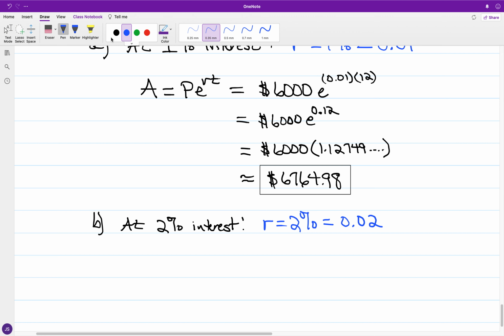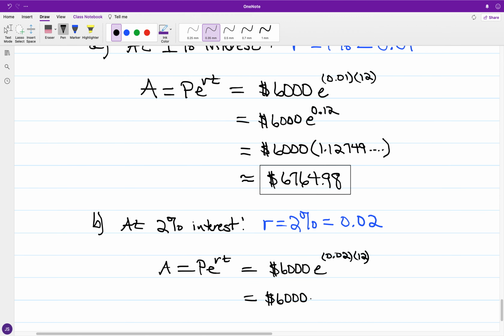Taking what we have now for the future value, I'm still looking at continuous compounding, again starting out with $6,000. You got e to the r times t, so I have e to the 0.02 times 12. So we got $6,000 times e to the 0.24.